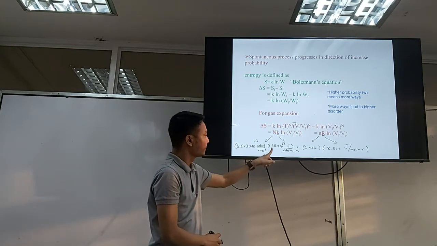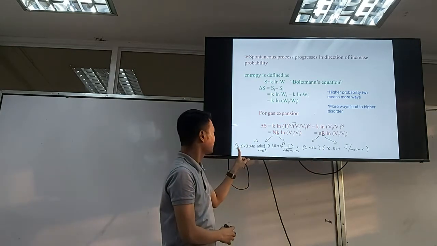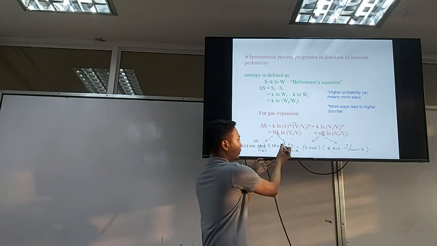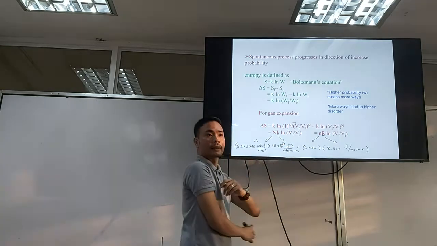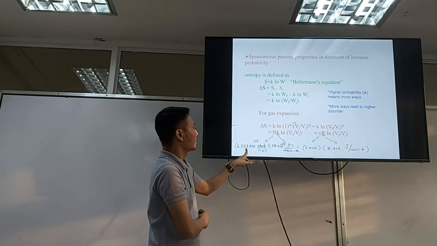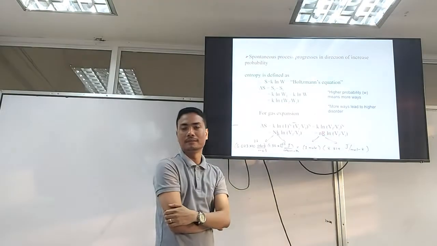Sige, try nyo i-compute. Ito ba, 6.023 times 10 to the 23rd? Negative 23 dito, sorry. 6.023 times 1.38 na lang.